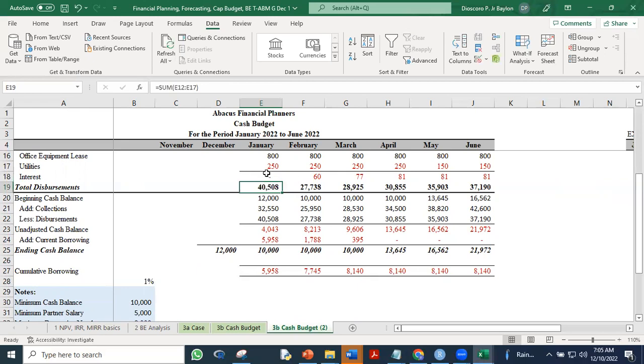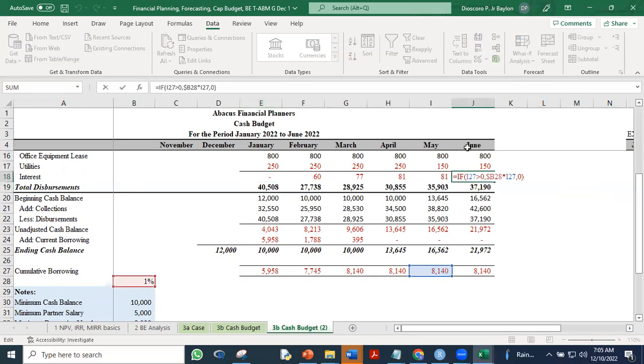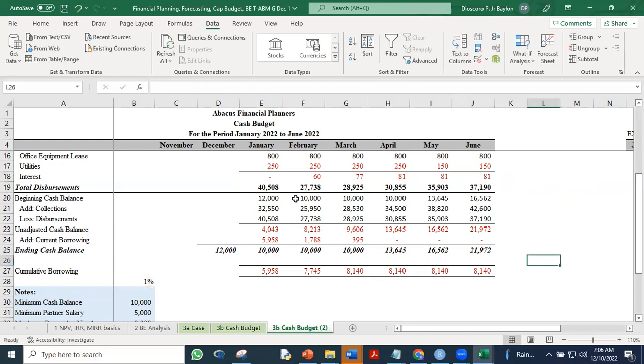So if we copy this to the right, for example, this one, if the cumulative borrowing of May is greater than 0, then compute the interest. The interest would be 1% times this one. Otherwise, don't put any value there. So you now have interest here because you have values here. But we're going to see this in a while.